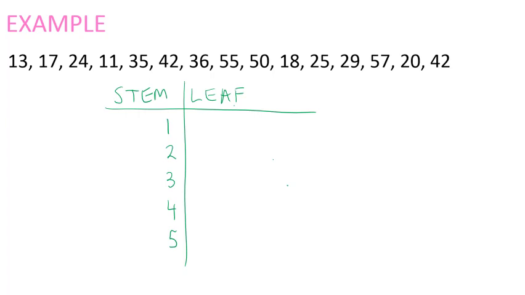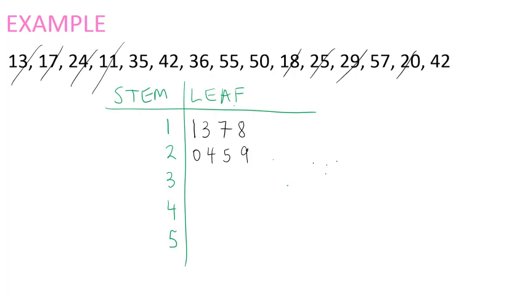So our first data point, 11, well, the leaf is going to be a 1. The next one, 13. So it's important that the leaves go up from smallest to largest number. Then my next one, I've got 17 and then 18. Now I'm done and on to my 20s. So I've got 20, then 24, 25, and 29.